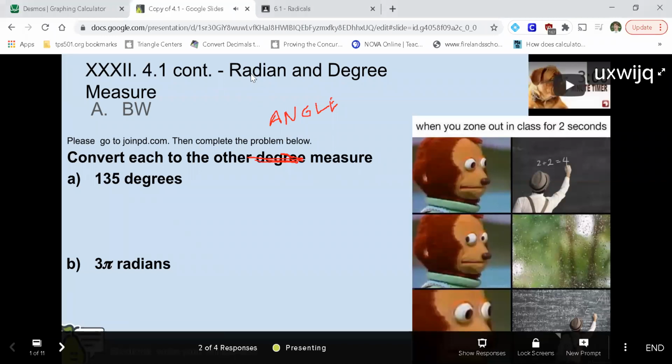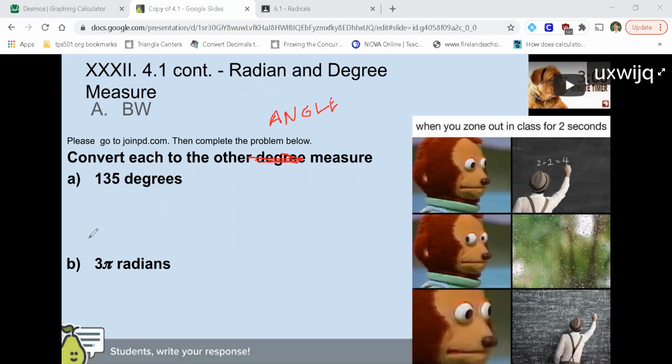Okay, so I'll do the first one and then I'm going to ask for help on the second. To convert something from degrees to radians or radians to degrees, you have to multiply by the conversion rate. So I'm going to multiply this by pi radians over 180 degrees.